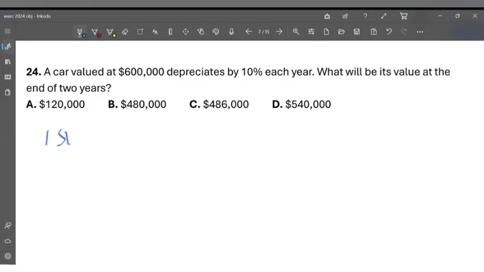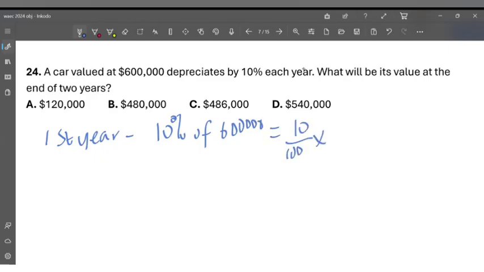So for the first year, all right, 10% reduction means 10% of $600,000 means what? 10% is 10 over 100 times $600,000. So when you cancel out, you have 10 times 6,000, which is $60,000. So that 10% reduction in the first year means it has lost $60,000 in the first year.